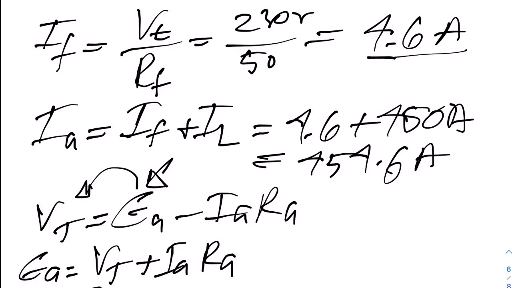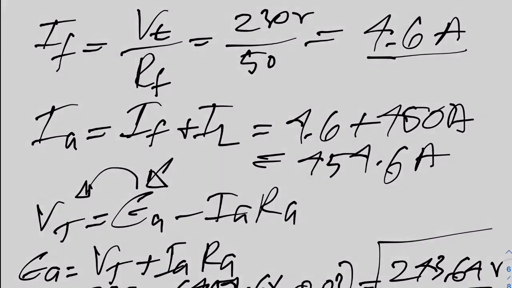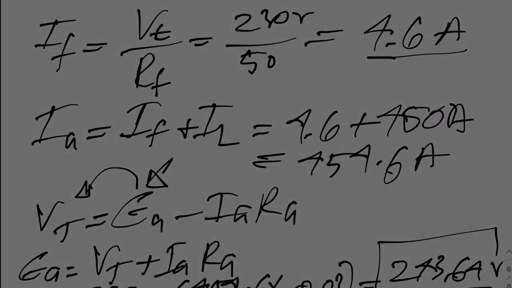VT we have 230 plus 454.6 multiplied by 0.03, RA. So the answer will be 243.64 volt. This is the answer for this question.